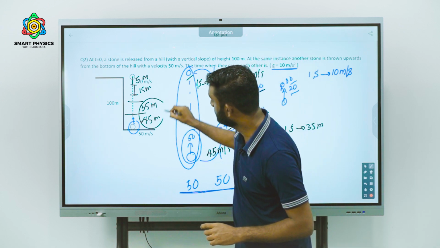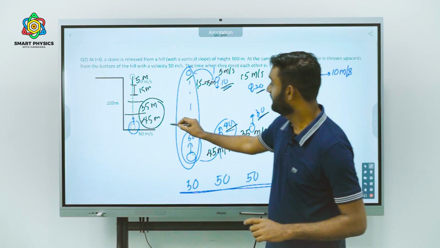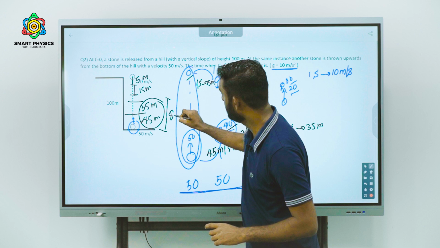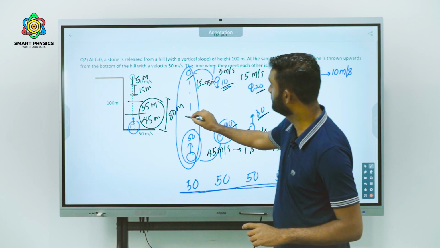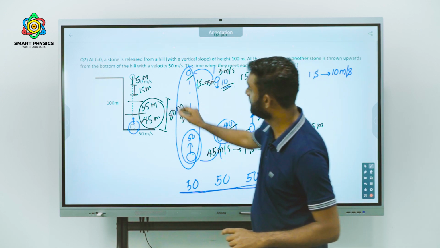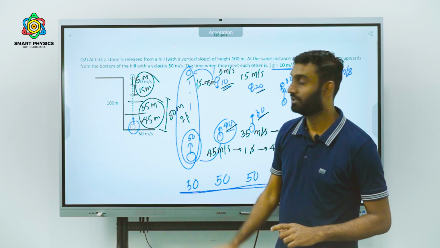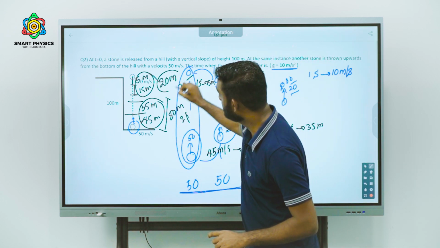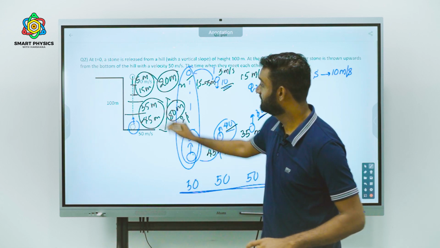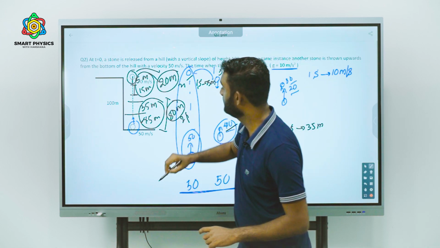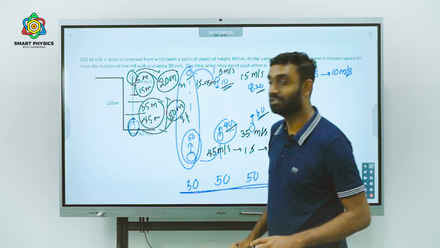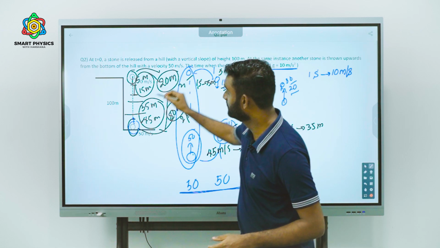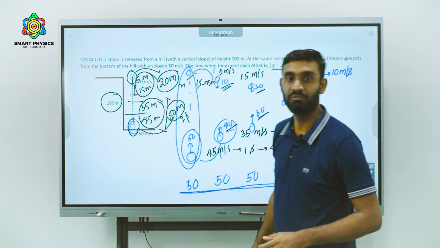Then 45 and 35, this one traveled 80 meters during the first 2 seconds. This one, 5 and 15, 20 meters during the first 2 seconds. This one traveled 80, this one traveled 20. Totally, these two traveled 100 meters.